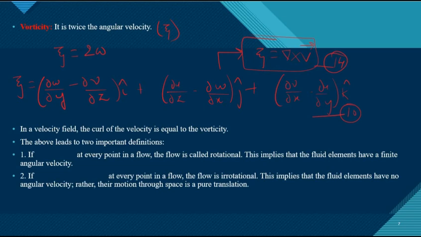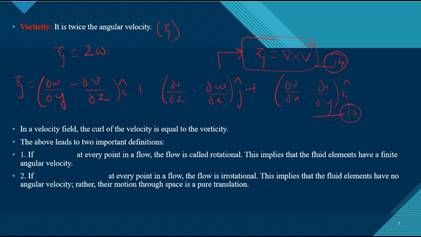Correct? Curl of the velocity field is equal to vorticity. So based on this equation, we have two conclusions that come up. Yes, in the velocity field, the curl of the velocity is equal to vorticity, as we said. Now, what are those two important definitions? I have left some blank places over here. Let's see. If dash at every point in a flow, the flow is called rotational.